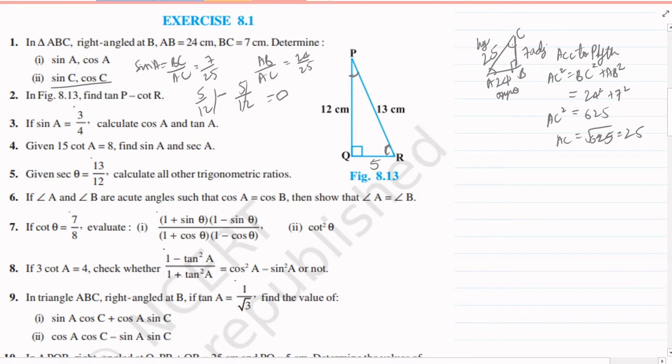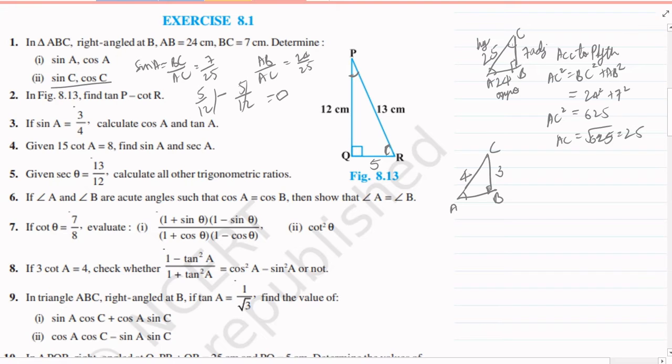Then, if sin A is 3 by 4, calculate cos A. Just take the correct angle. This whole exercise is about right angle triangles only. Sin A, we'll name this as A, B, and C. Sin A is opposite by hypotenuse. Do the Pythagoras theorem and find out this AB value.